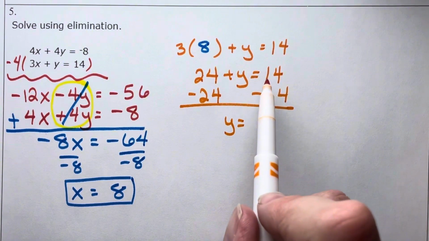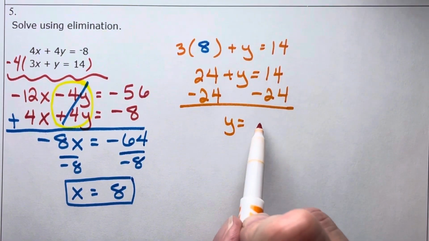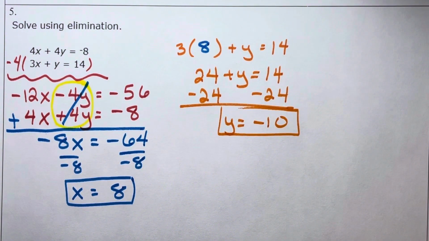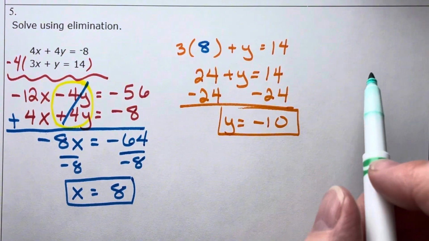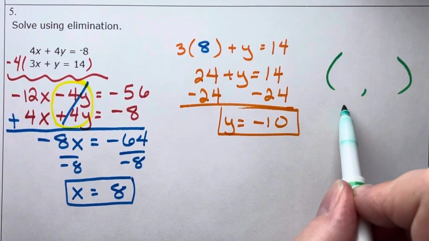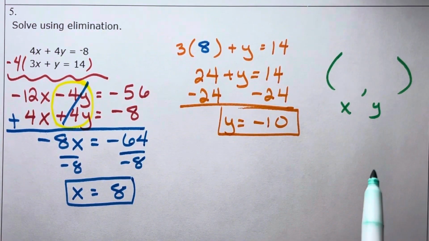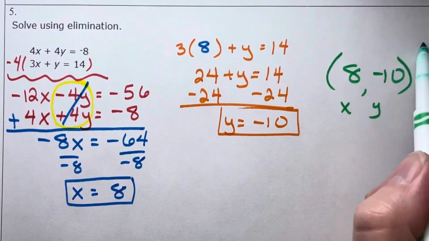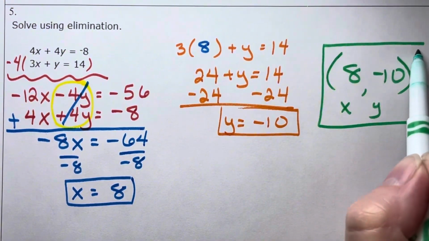And y equals 14 minus 24, which is negative 10. Okay, let's go write our final answer and bring this home. Our coordinate point, the solution for this particular system, is going to be the point 8, negative 10. And there you go.